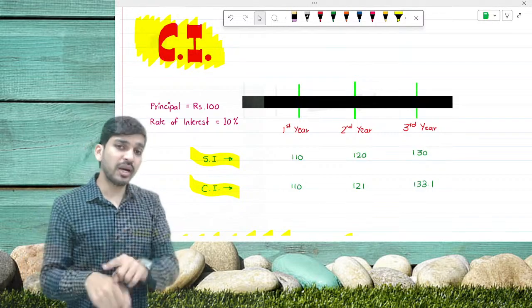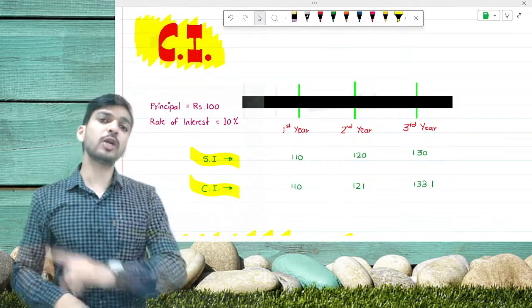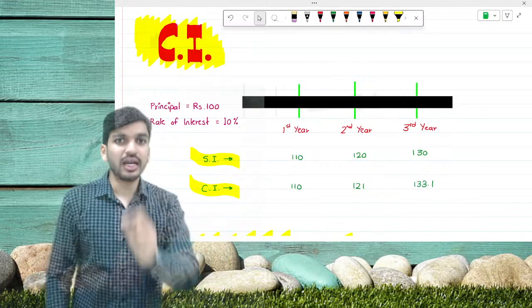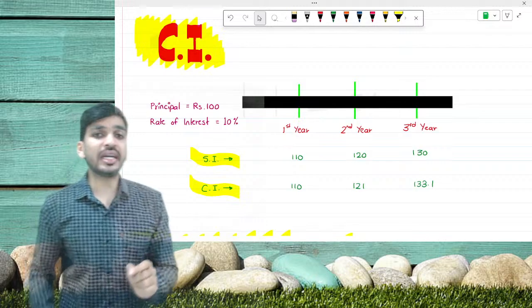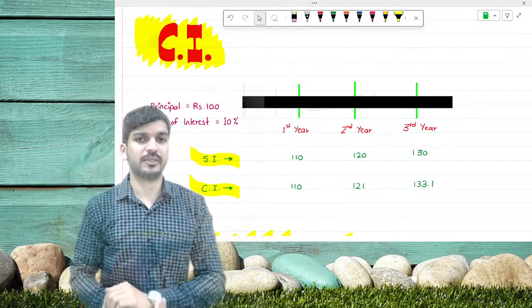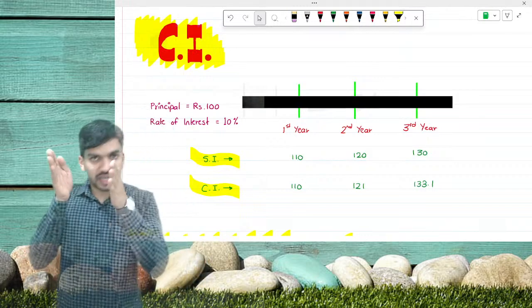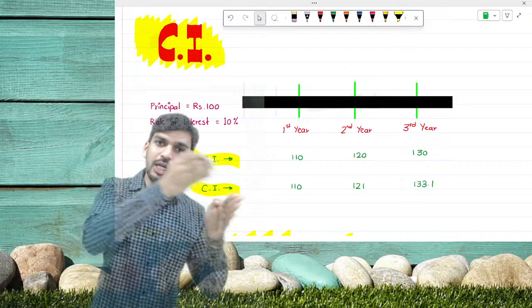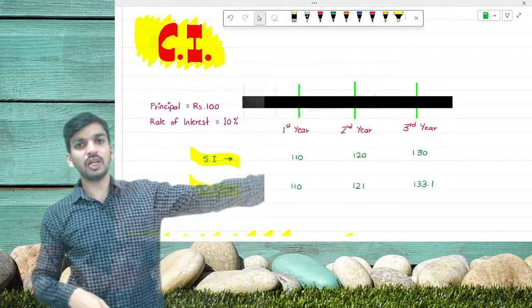But in the next year it is going to increase, because the interest will be calculated on 110 rupees. So it will be 11 rupees of interest, that will be 121, and then 133.1.